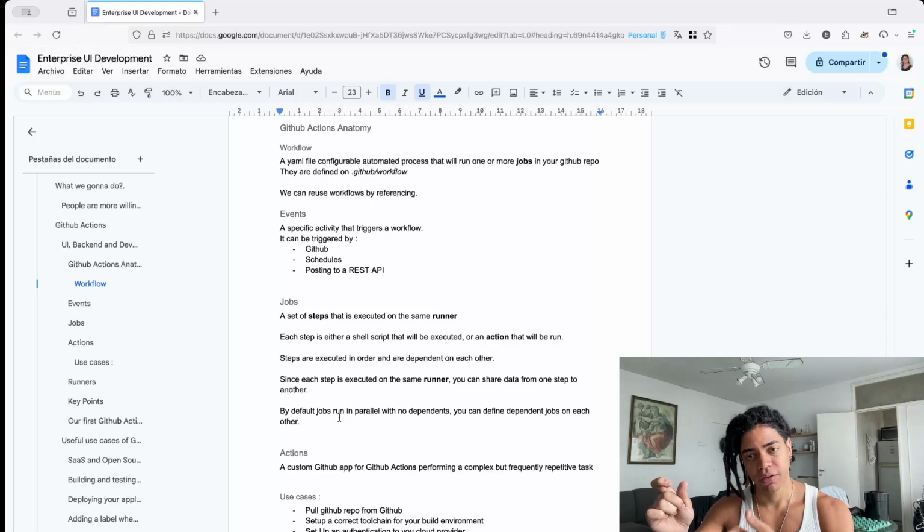and they can be a bash script, or actions, which are custom GitHub applications for complex and repeated tasks. So, for example, pull a repo into a runner, right? Or set up a toolchain for your build environment. A good example of this is when you need to build your React Native applications, when you want to build and deploy mobile applications, whether it's iOS or Android.